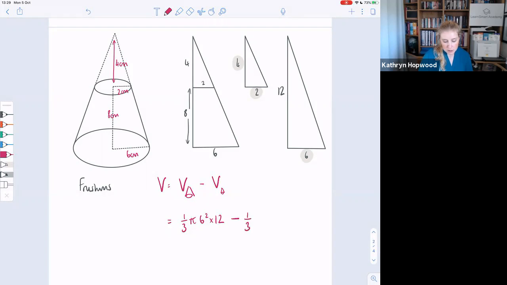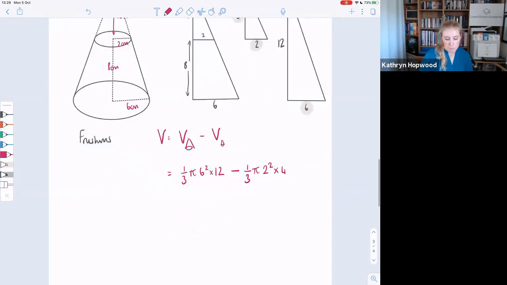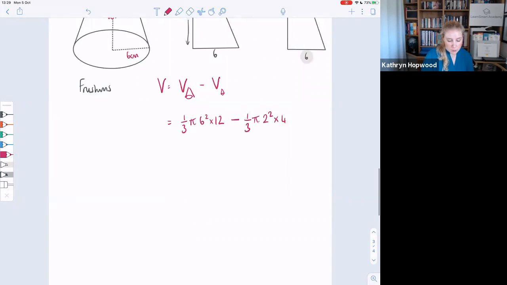And we take away the volume of the small cone, which is 1/3 pi. Now its radius is 2, so it'll be 2 squared times its height, which is 4. And working this out, we end up with 36 times 12 divided by 3. So we end up with 144 pi minus 4 over 3, 16 pi over 3.